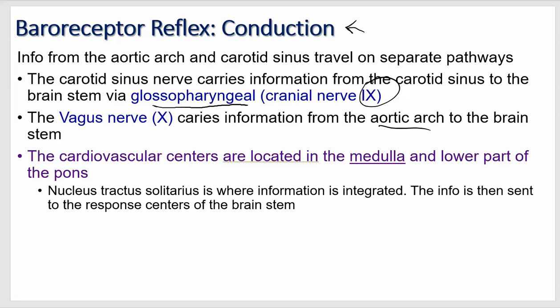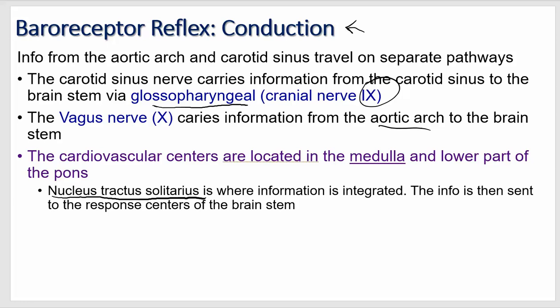So the cardiovascular centers are located in the medulla primarily, but also move up into the lower part of the pons. Remember, it's medulla and pons; they're right there together. There's a region in the medulla called the nucleus tractus solitarius.